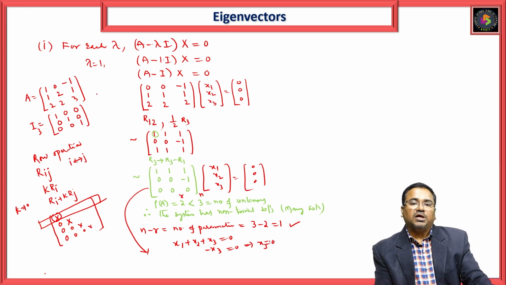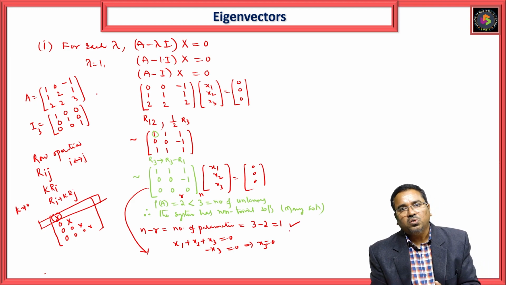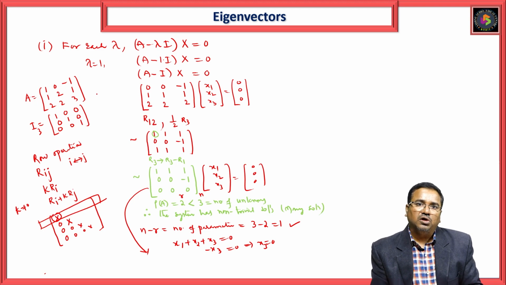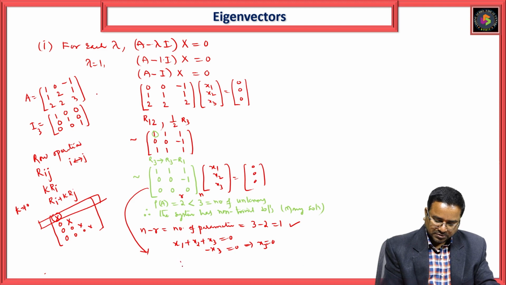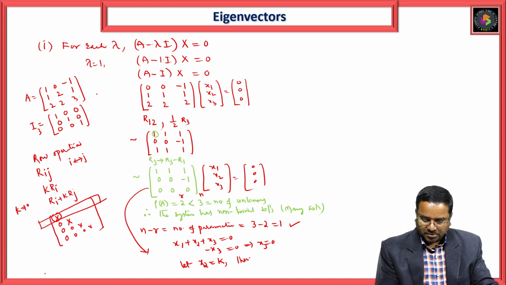But here we got n minus r is equal to 1, so we have to take one unknown as arbitrary. Which one will we take among these 3? Already x3 we got 0, so either take x1 or x2. Let x2 be equal to k, then x1 will be minus k.